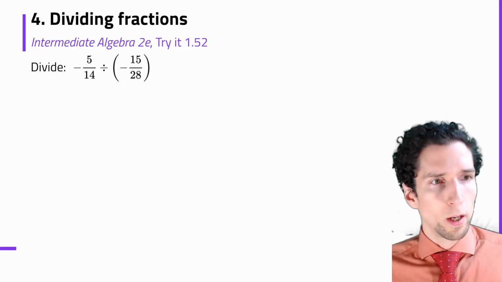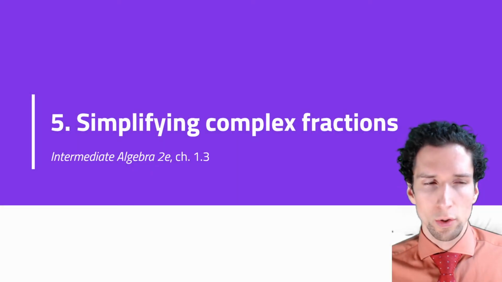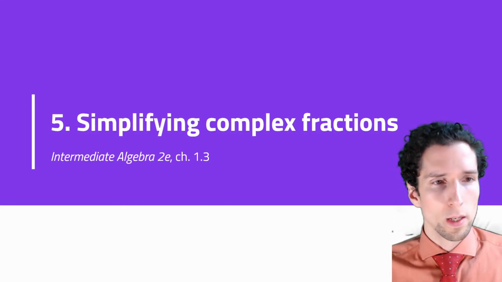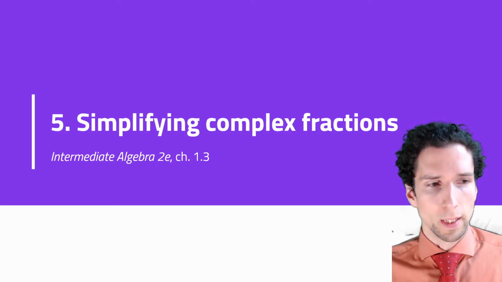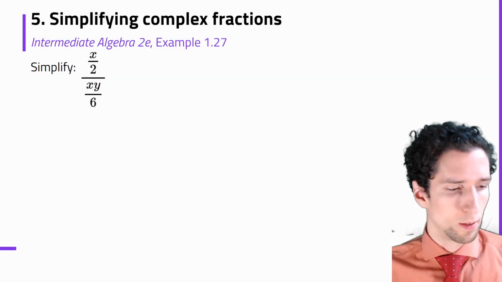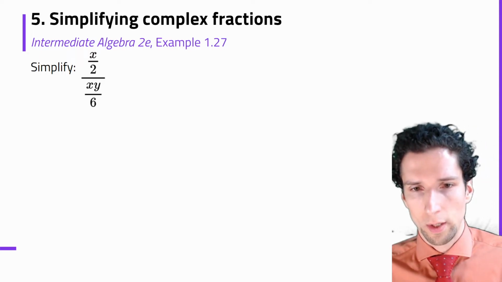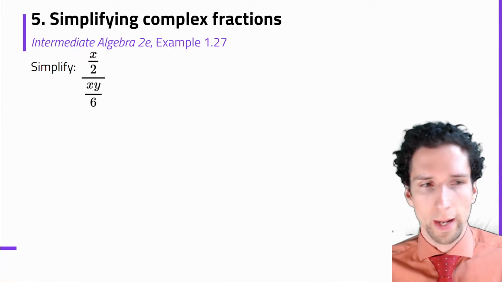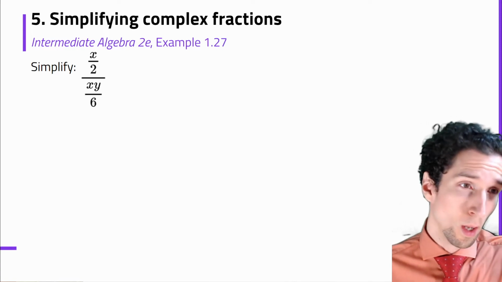All right, I think we have 2 more. So simplifying one more after this. So first, simplifying complex fractions. This is basically the whole invert and still just dividing fractions, inverting and multiplying.